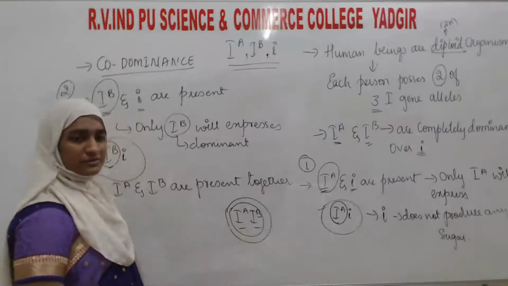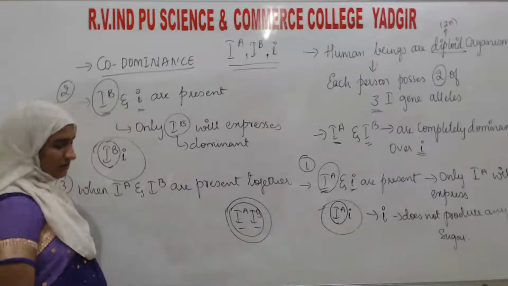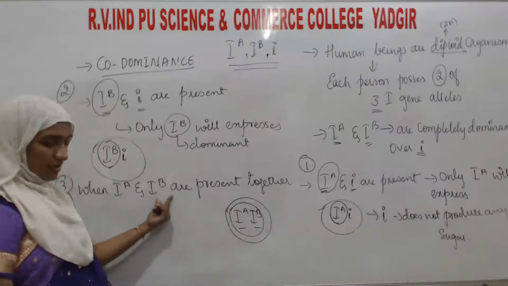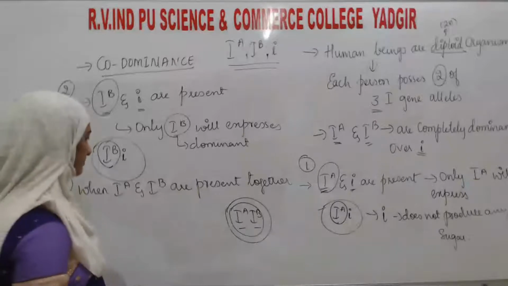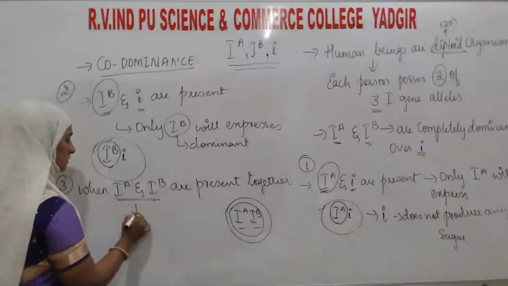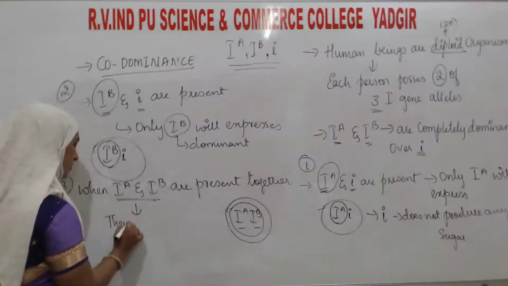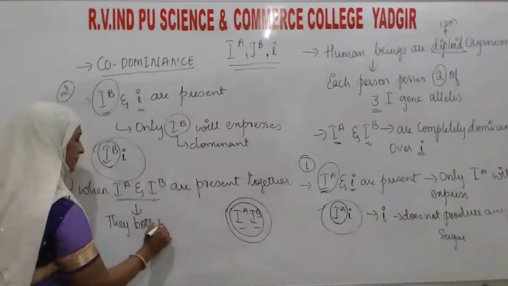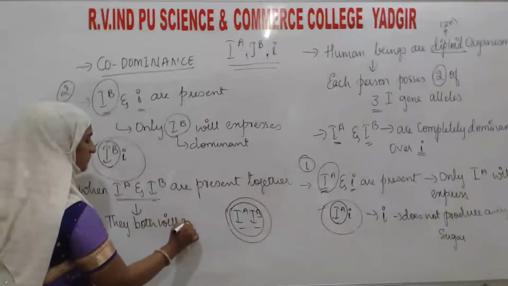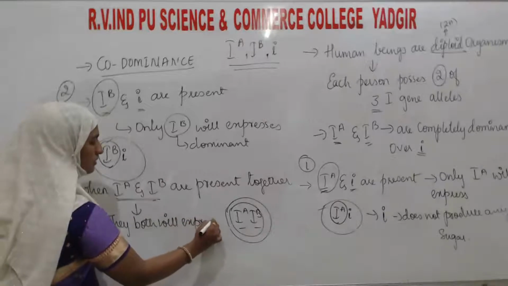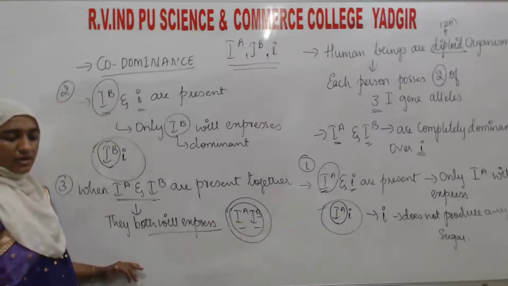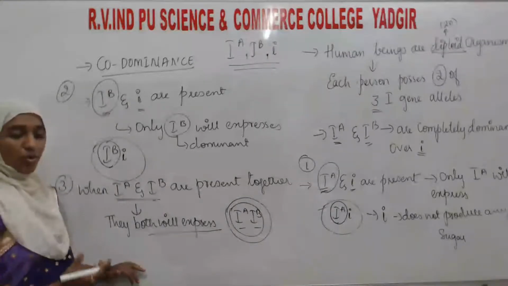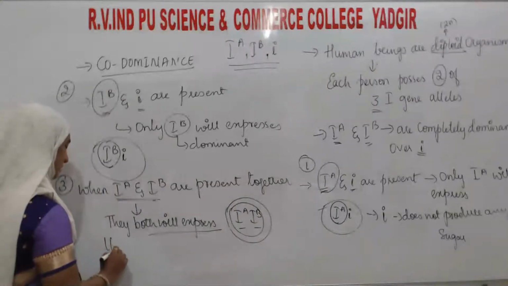When IA and IB are present together, they both will express, because they both are dominant. They both will express their own type of sugars.